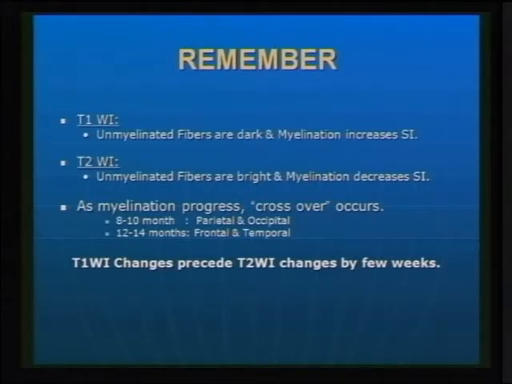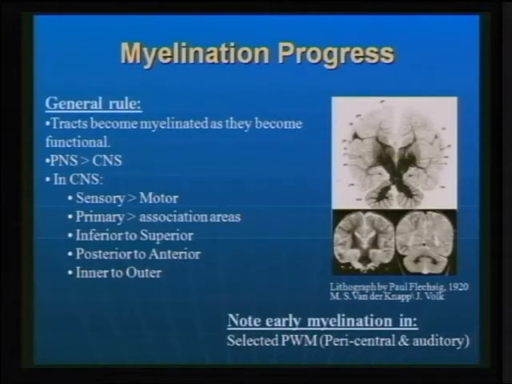In the neonatal brain, unmyelinated fibers lack fat, so they are dark on T1 and bright on T2, and this process reverses gradually as brain myelination progresses and water content decreases. There are general rules. Myelination starts from the center to the periphery, from posterior to anterior, and from the bottom to the top.